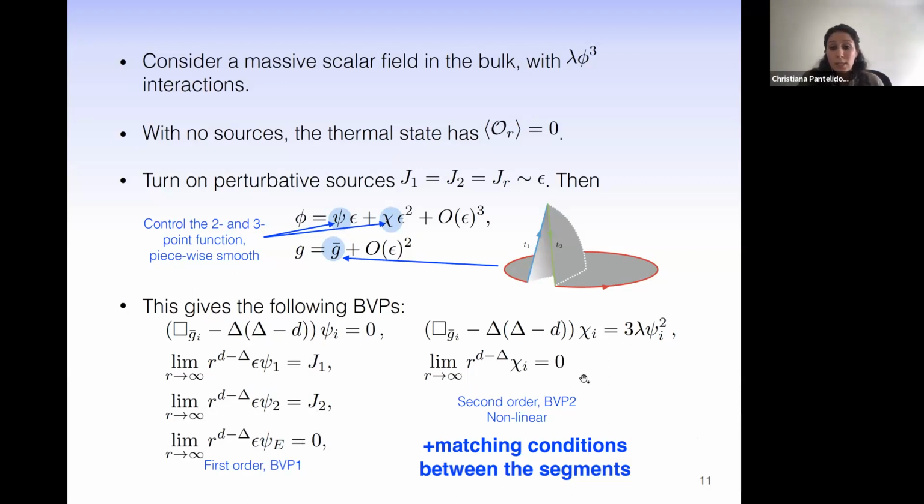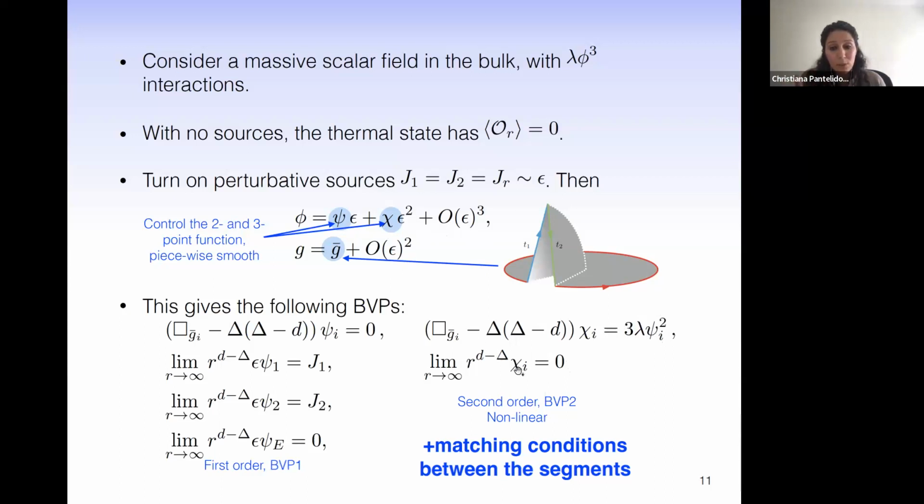And the second boundary value problem, which arises at order epsilon squared, has pretty much the same operator acting now on chi, but now we have a source on the right-hand side that is given by the field at order epsilon. In this case, the boundary conditions are simpler, in the sense that we impose no sources for the scalar fields chi.